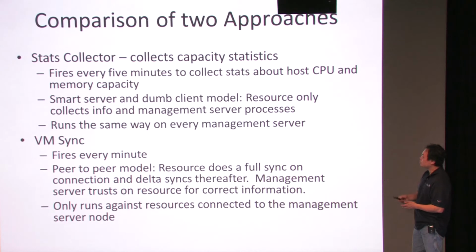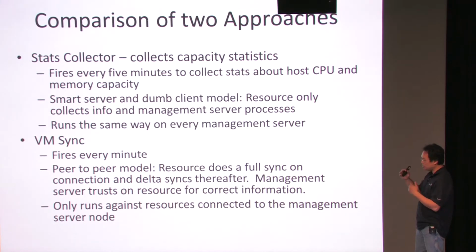And then there is also VM sync. VM sync was also written in 1.0. It fires every minute. It follows what I call a peer-to-peer model, where the resource is trusted to do the right thing when it returns information. And there's what we call full sync on connecting to the resource.